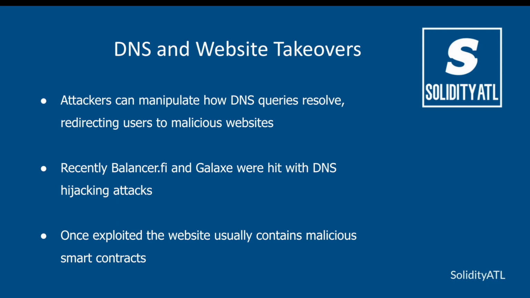For example, if I were to perform a DNS hijacking attack on Uniswap, I could have malicious content shown to anyone who visits uniswap.org, and that would allow people to interact with this malicious smart contract, maybe depositing into what they think is actually a pool or performing a swap, but at the end of the day, I'm just draining their wallets. So this is something that's very important from a Web 2 and a Web 3 standpoint.